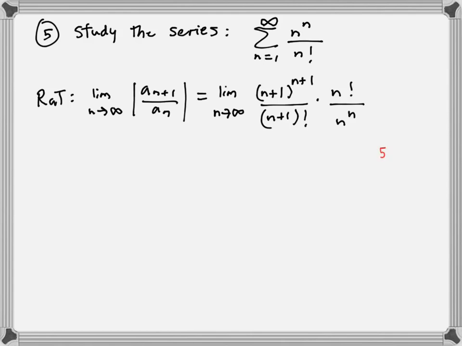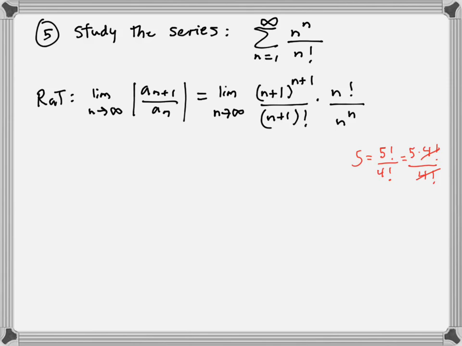If you have a 5 factorial, let's say, divided by a 4 factorial, 5 factorial is really 5 times 4 times 3 times 2 times 1, which is the same as 5 times 4 factorial. And the bottom is just 4 factorial, and so you're just left with 5. A factorial always does this, okay?